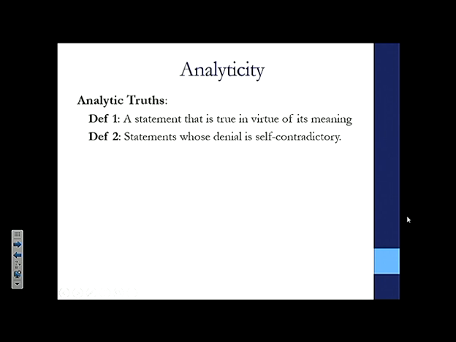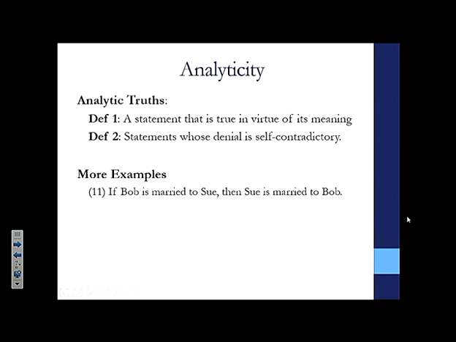The idea is that there are certain statements which, just in virtue of what they say, if you understand them, you can tell that they're true. No additional research is required. They're the sort of things that you don't have to go to university to find out. They're the sort of things you don't have to do hard work to find out. You just have to be a competent user of the language.